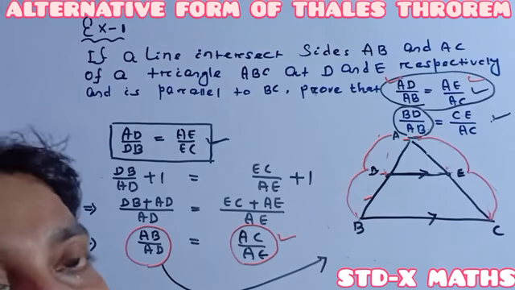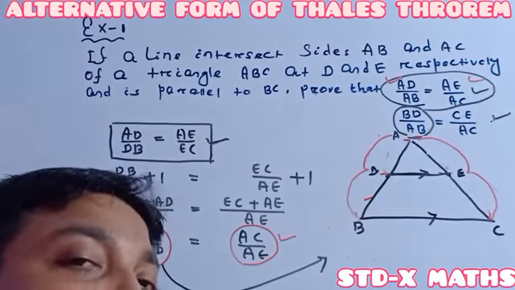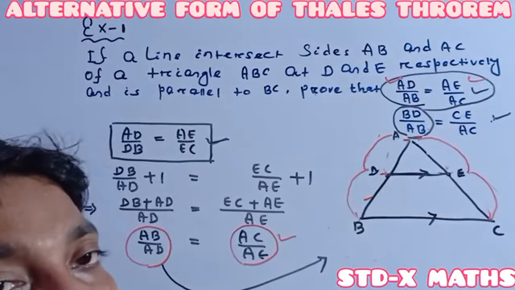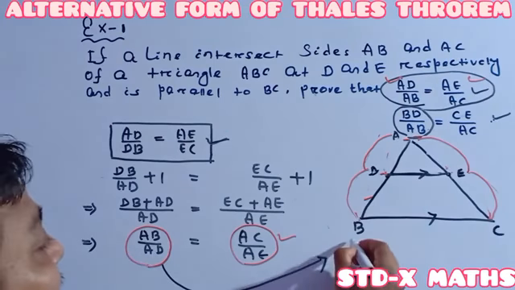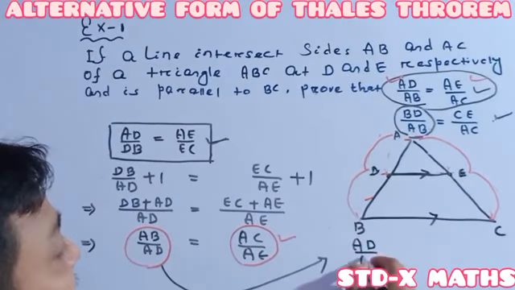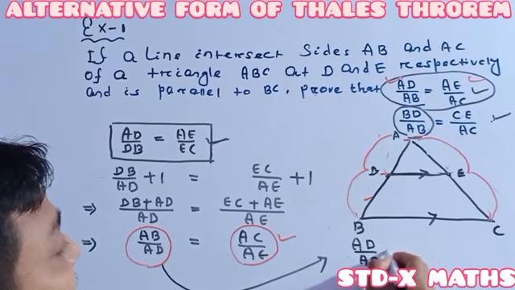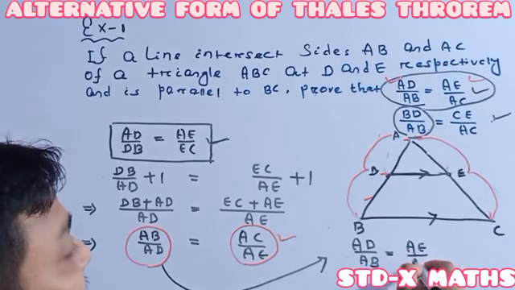Whenever one fraction equals another, the reciprocal of the left side of the equation must equal the reciprocal of the right side. Taking the reciprocal, the left side becomes AD by AB, equal to AE divided by AC.